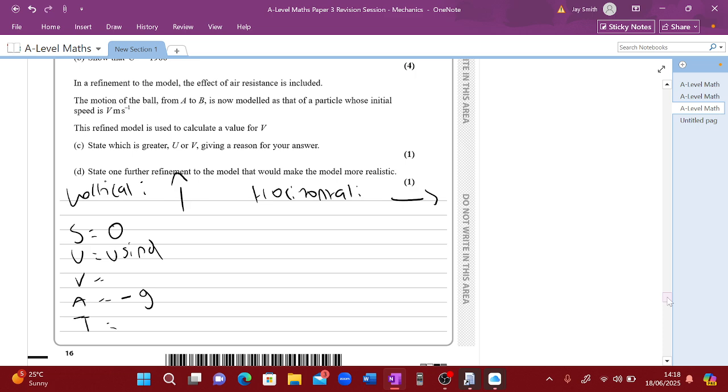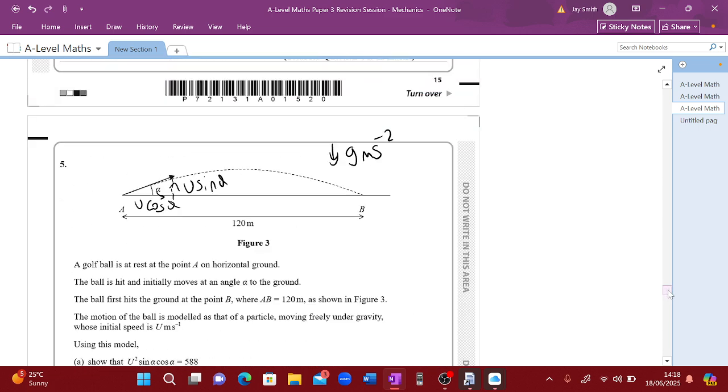Horizontal then. Now, horizontal is a lot simpler. We don't actually need to do that, because as I talked about before with resultant forces and F equals ma, in one direction it's always zero, and it would only accelerate in one other direction. It's the same sort of case here. The acceleration only acts vertically. There is no acceleration horizontally.